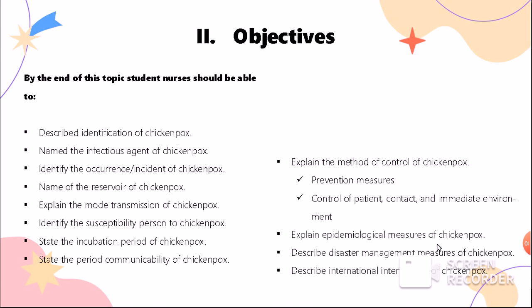Objectives. By the end of the topic, student nurses should be able to describe identification of chickenpox, name the infectious agent of chickenpox, identify the occurrence and incidence of chickenpox, name the reservoir of chickenpox, explain the mode of transmission of chickenpox, identify the susceptible persons to chickenpox, state the incubation period of chickenpox, state the period of communicability of chickenpox, explain the methods of control of chickenpox, prevention measures, control of patient, contact, and immediate environment.